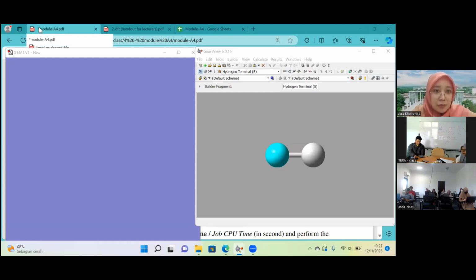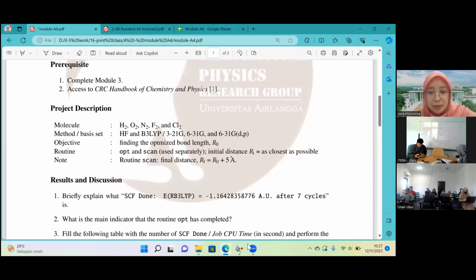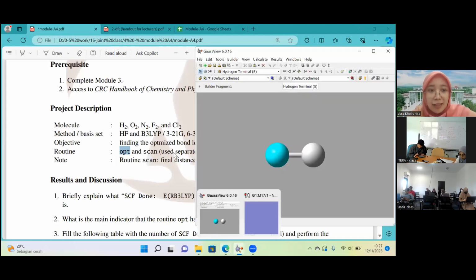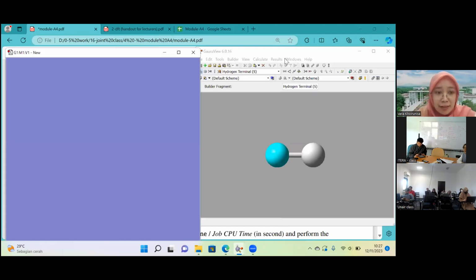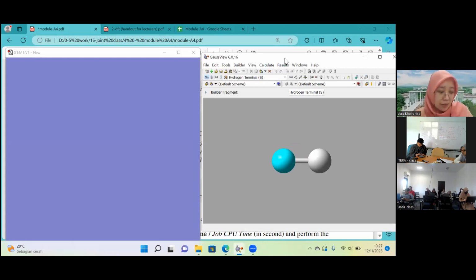So first we will calculate the optimization routine. So we will do the easier first, then the complicated later. Okay, is everybody ready? Okay.